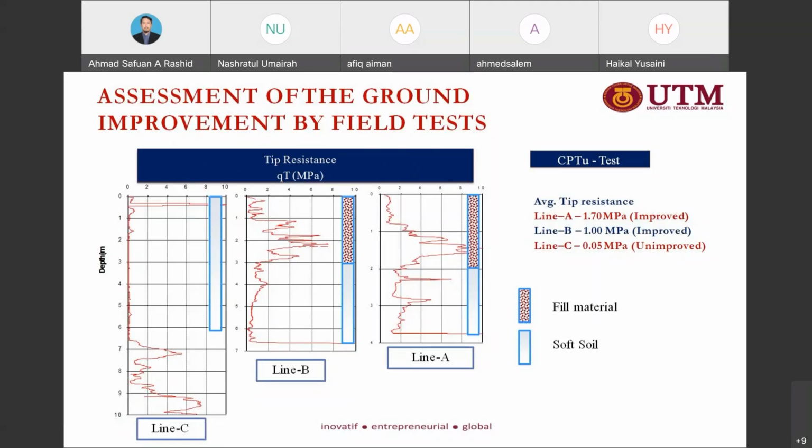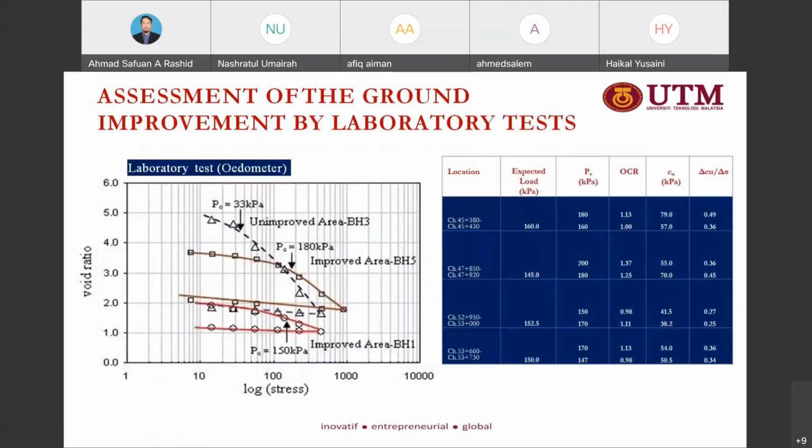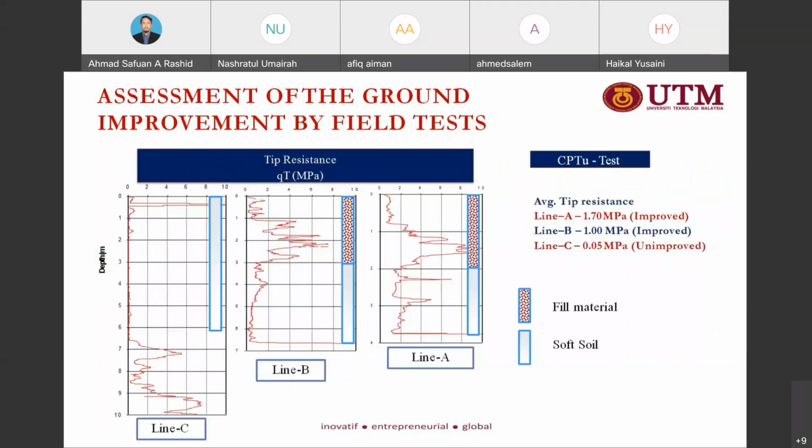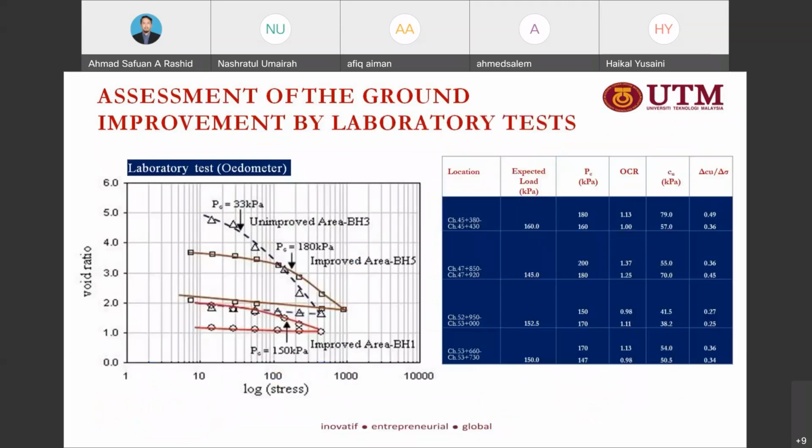Then we may compare with the oedometer test, whether the material is already stiff or not due to the improvement process. So we may use the SPT, the CPT, or the oedometer, where we obtain the sample from an undisturbed sample.